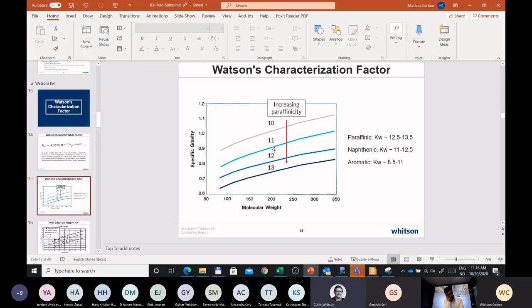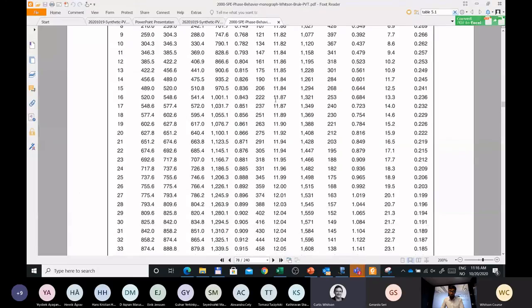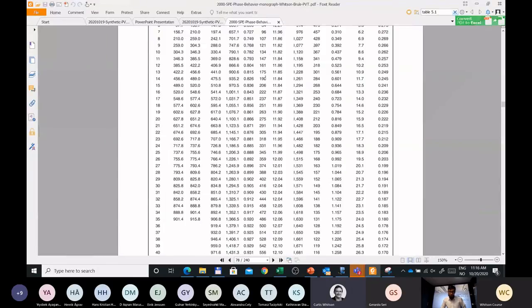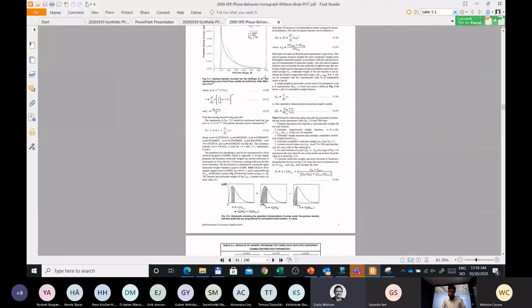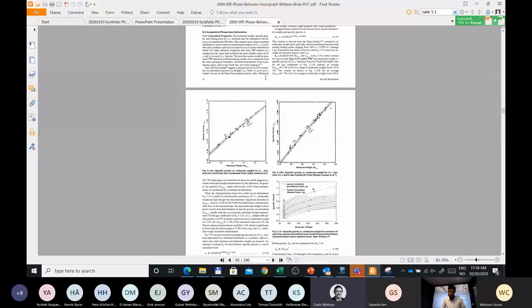And then you have all of these flashed oils, hopefully with some valid, accurate measurements of average molecular weight and average gravity, with compositional distributions. So whatever correlation you've built, you want it to calculate those average flashed oil molecular weights and average flashed oil specific gravities from the reported compositions.